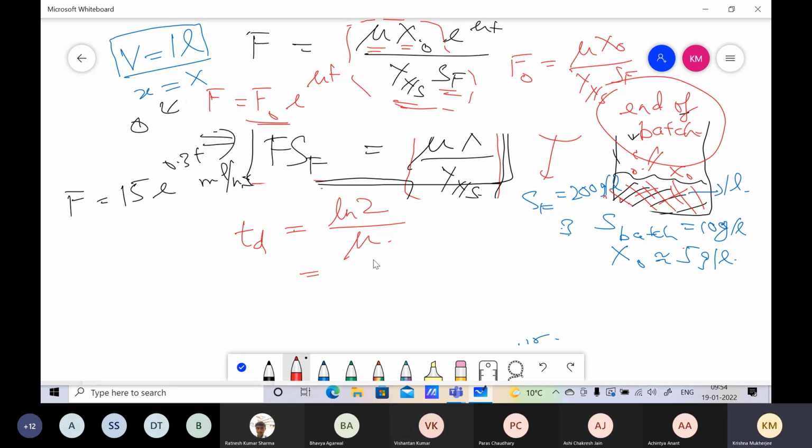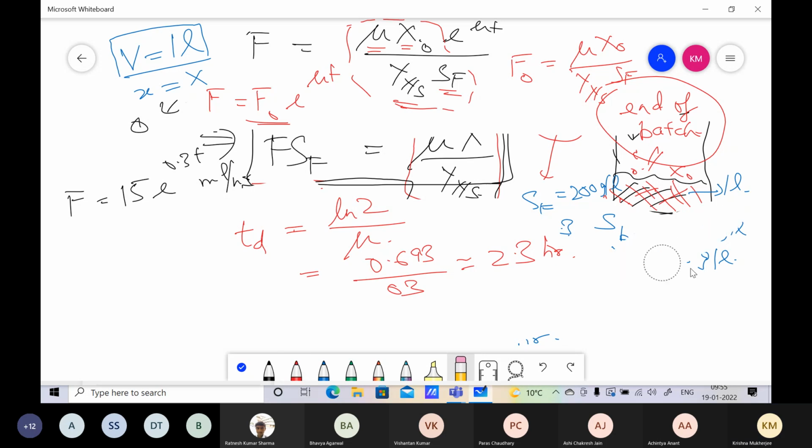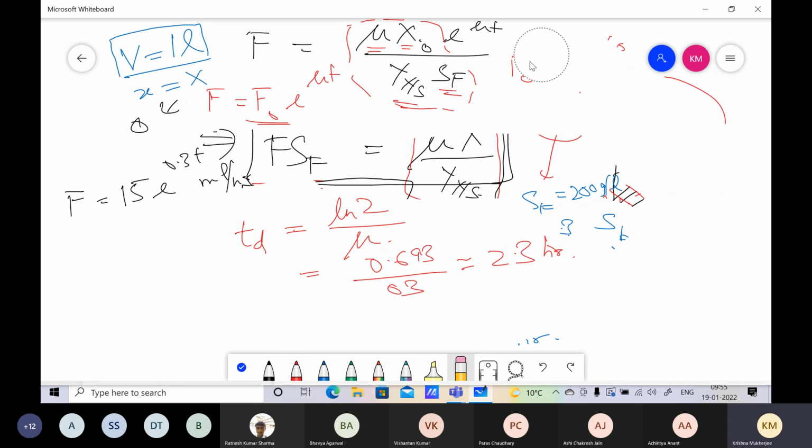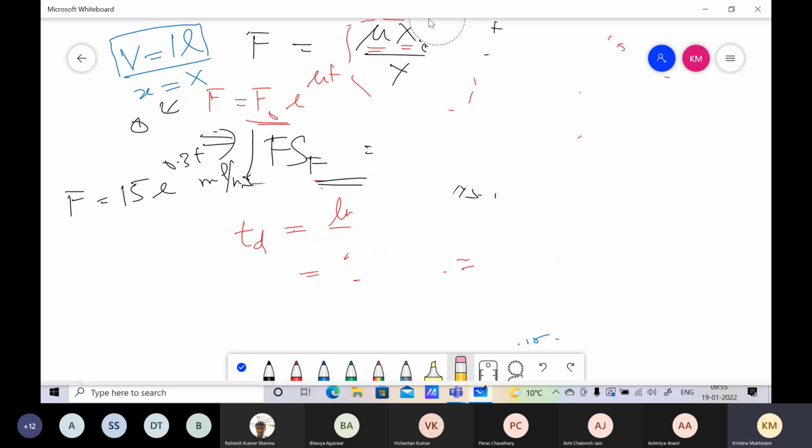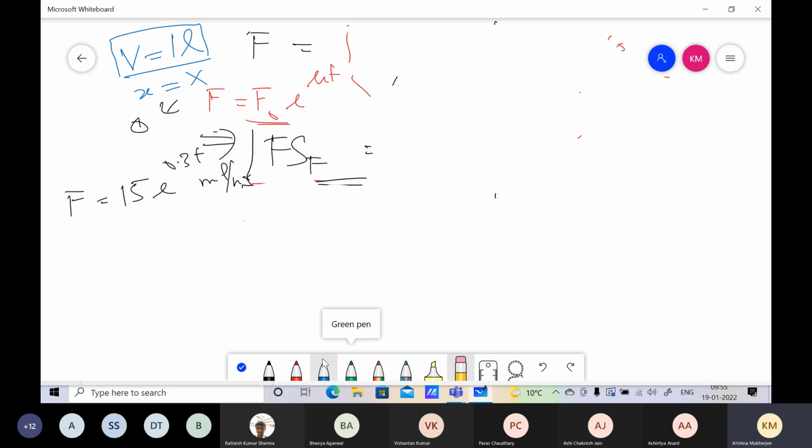So TD becomes equal to 0.693 divided by mu, which is 0.3, which is about 2.3 hours. So if I were to make a chart, then I would have this following situation.